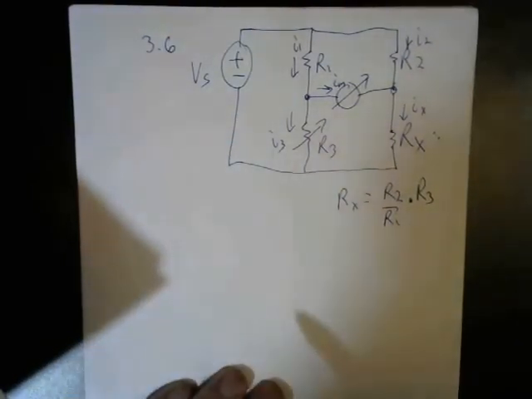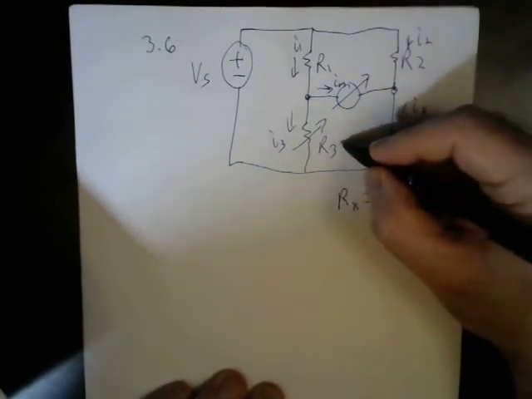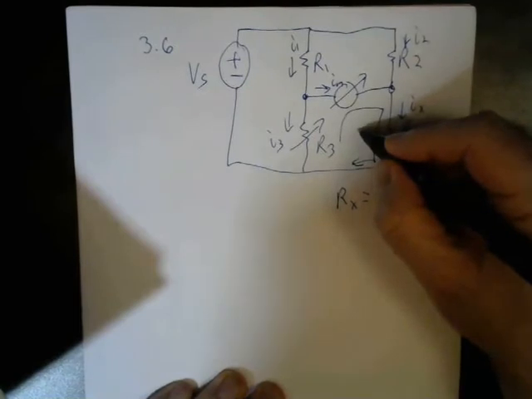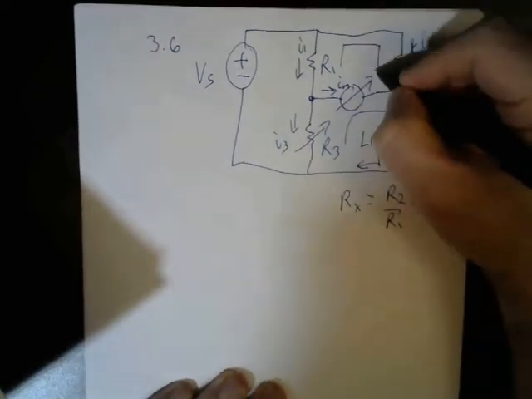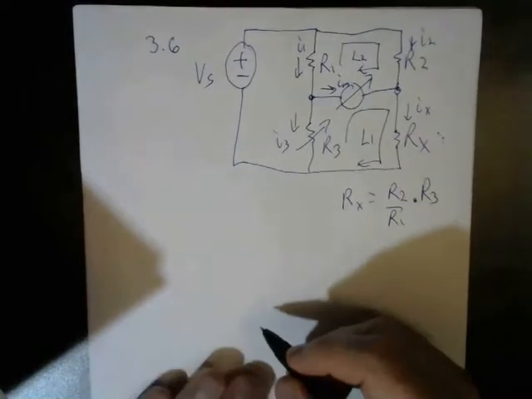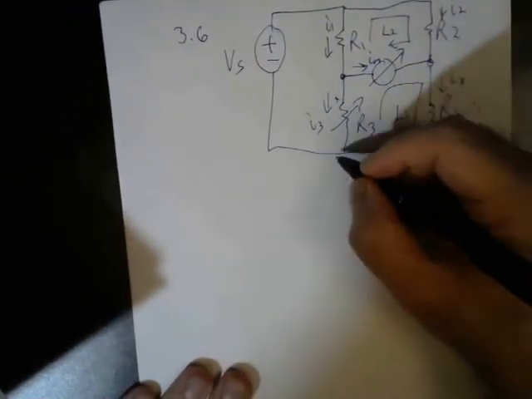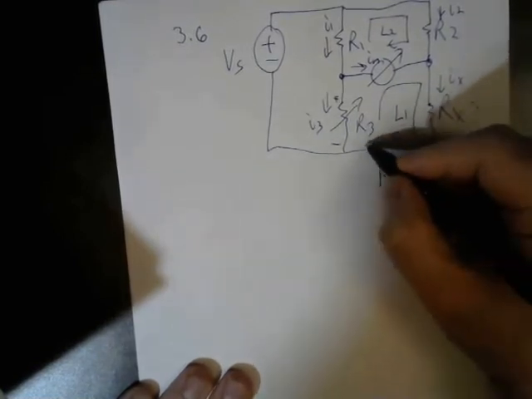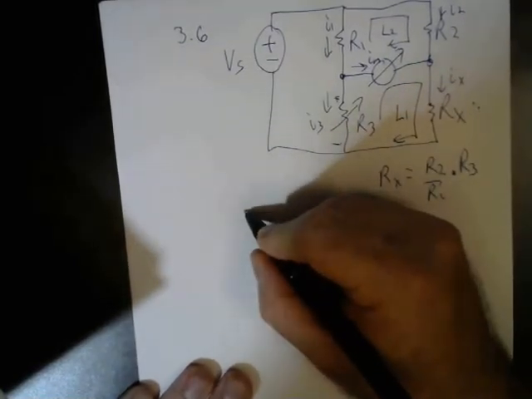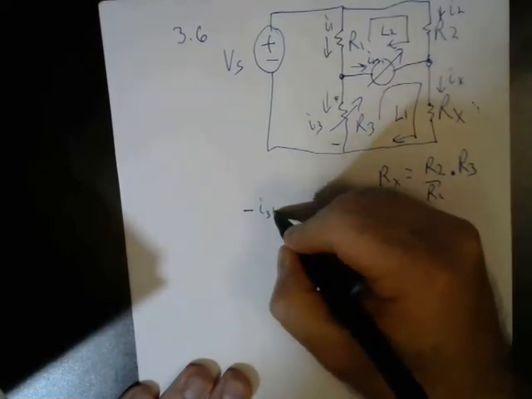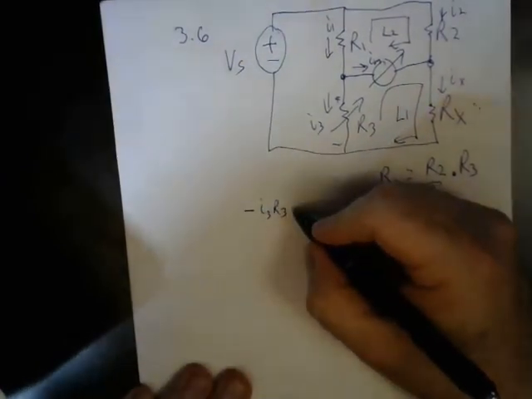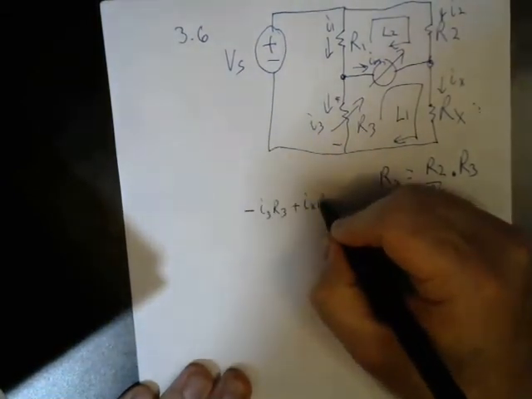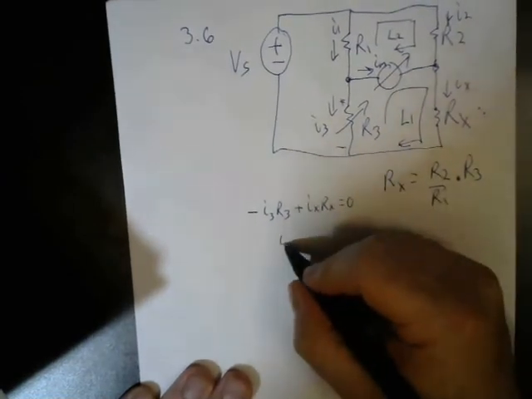So let's presume that we can get it to that point, and we're going to write Kirchhoff's voltage law around this loop and this loop. I drew my plus here, my minus here for the voltage across R3, and so now when I go up through the loop, I'm going to say negative I3 R3 plus IX Rx equals 0.